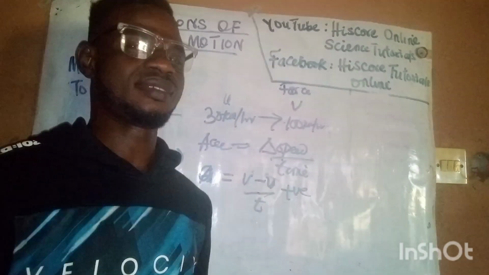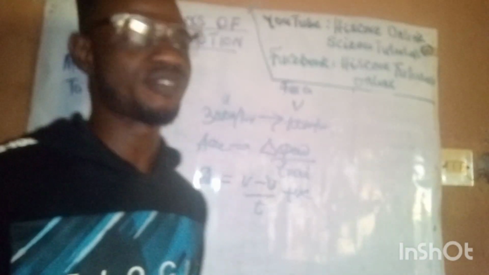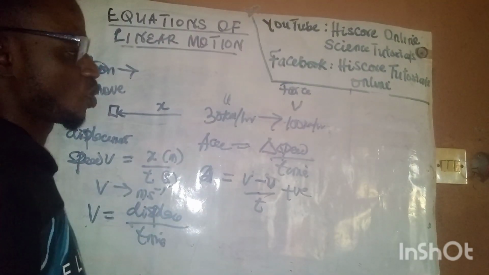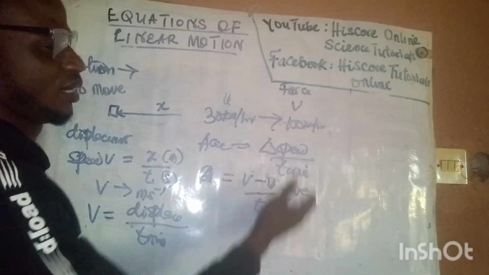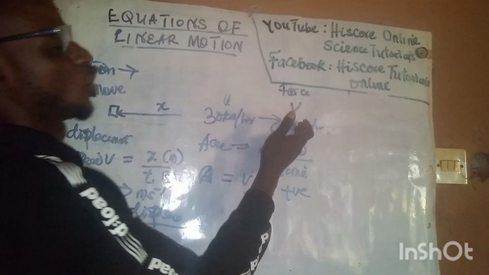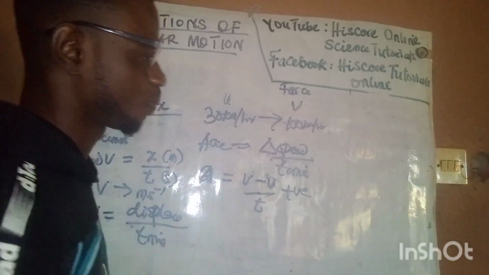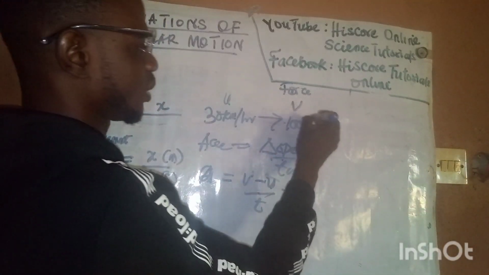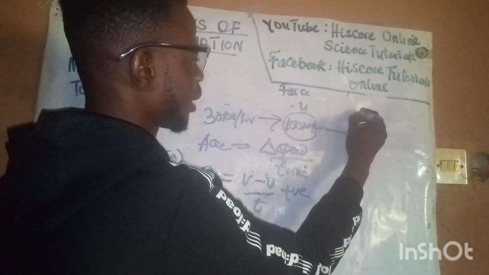Sometimes there can be a decrease in speed. For example, when someone wants to stop, what does he do? He applies the brake. The speed drops from 100 to 90 to 80 to 40 to 20, then to 0. In that case, 100 is our initial u, then the 0 becomes our final v.